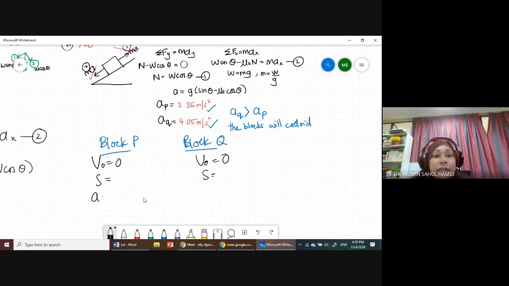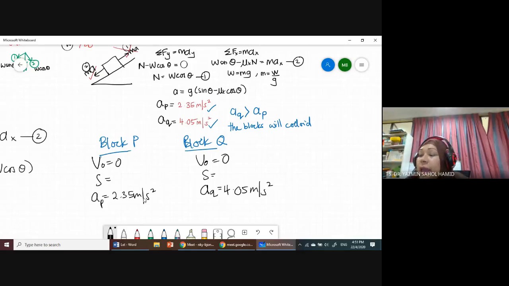We know the acceleration value already, for block P and Q. And we need to find S and T. So T will be the same, but our S value will not be the same. S for P and S for Q will be different.